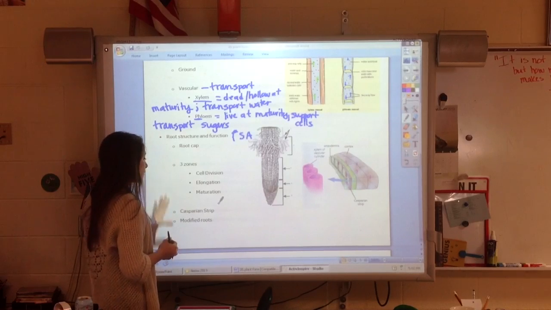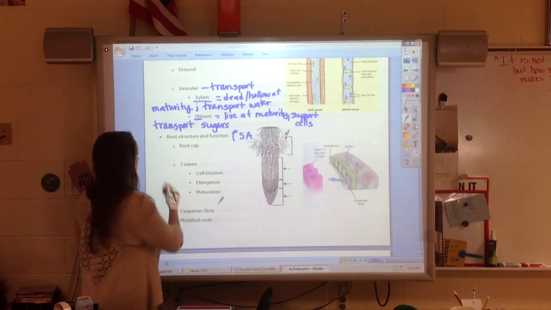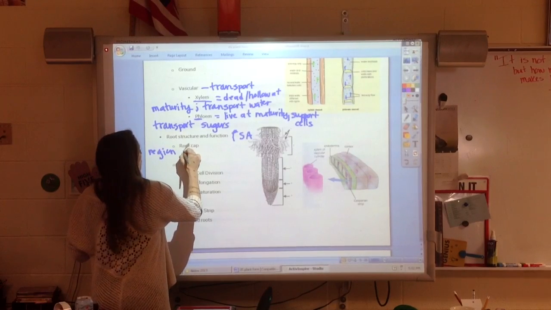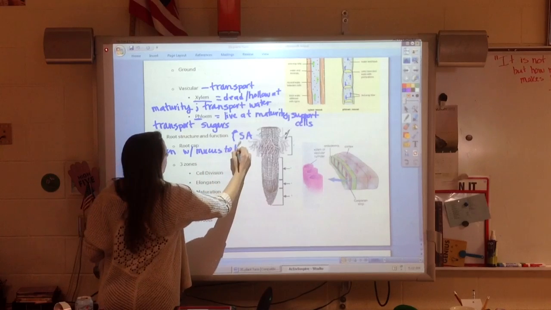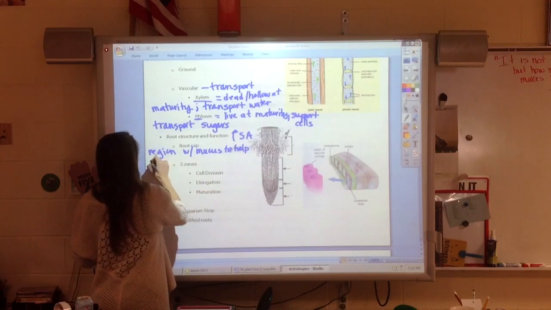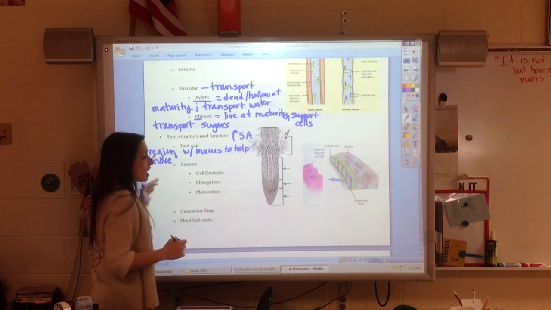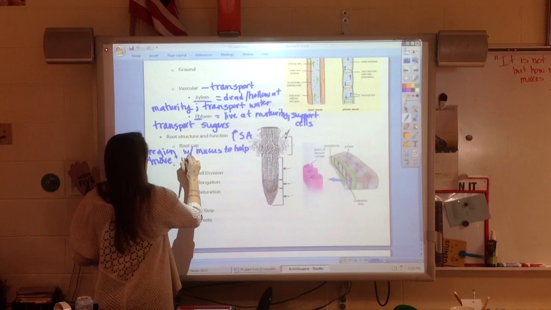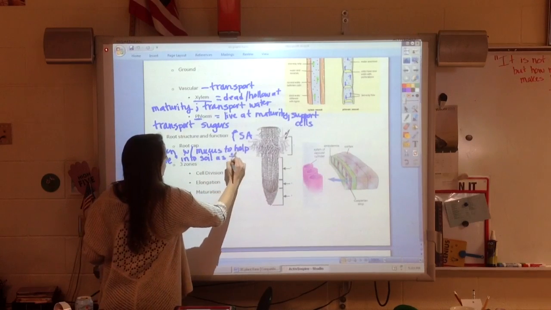The root has a few really important adaptations. The first is a root cap, and this is a region with actually mucus to help move. And we have to be careful with what we mean move. Really, we mean as it divides, it will push deeper into the soil as dividing.